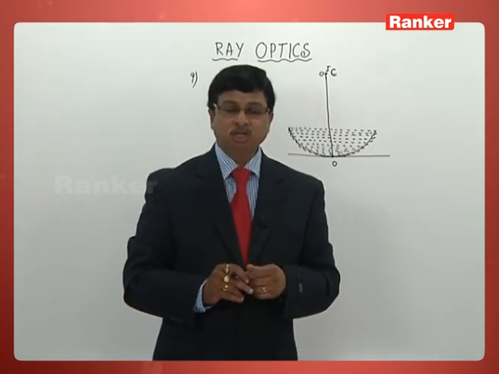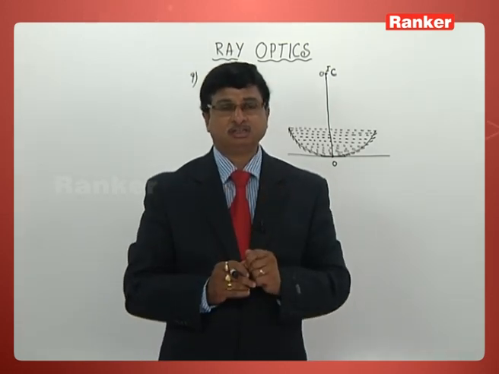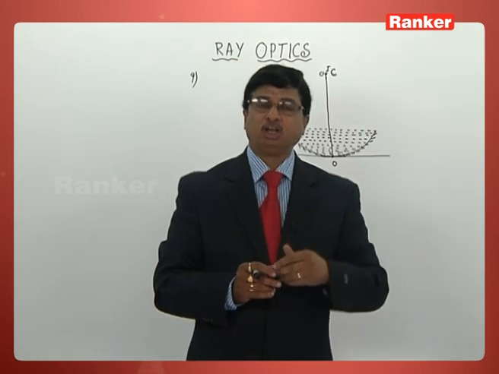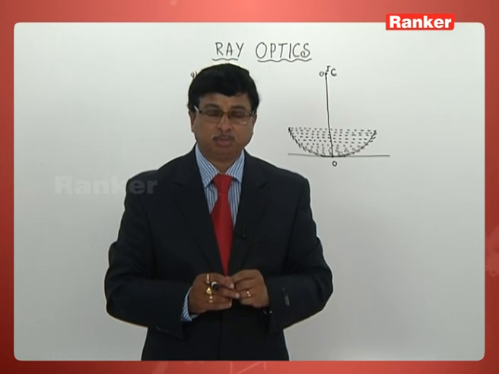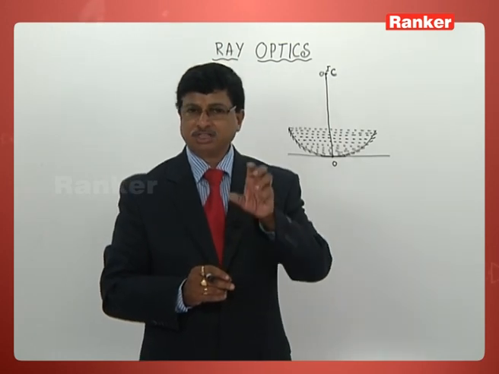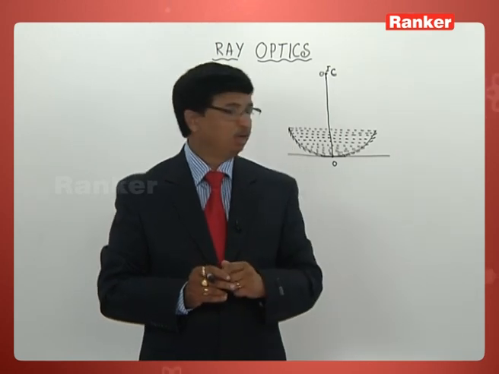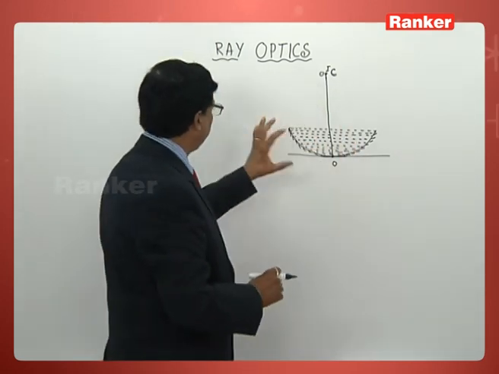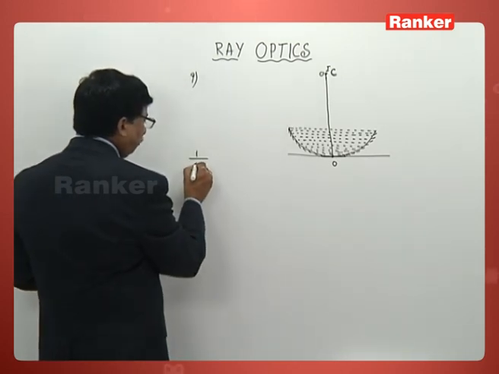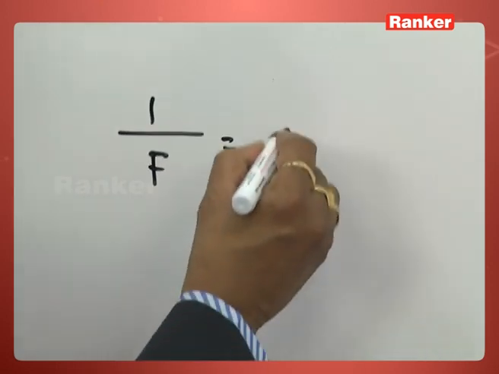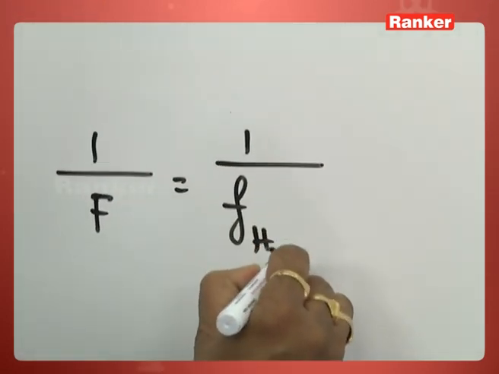In fact, we all know that when lenses are combined, one with the other, 1 by effective focal length is equal to 1 by f1 plus 1 by f2 plus 1 by f3, like that we used to write. The same concept is to be taken in this case also. Look at how to calculate the effective focal length. 1 by effective focal length is, firstly, 1 by focal length of water lens.